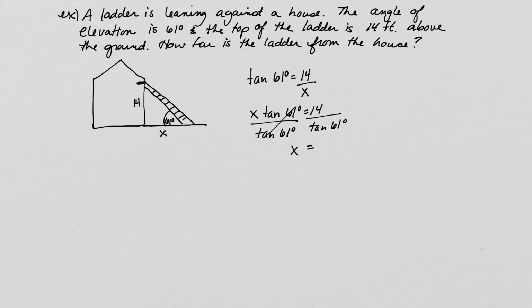So x is going to be 14 divided by the tangent of 61 degrees. And then all I have to do is plug that into my calculator. And so x ends up being 7.76 and we're rounding to the nearest tenth, so approximately 7.8 feet from the house is where the ladder is.